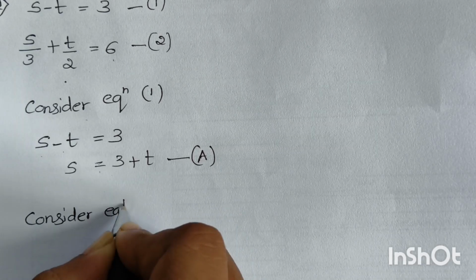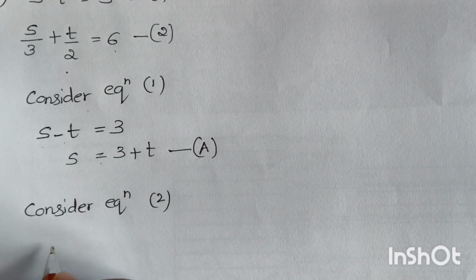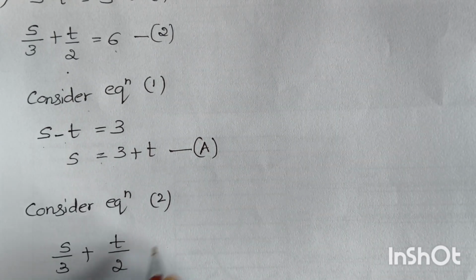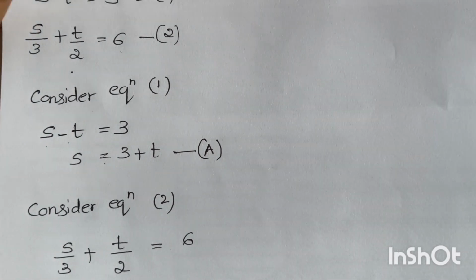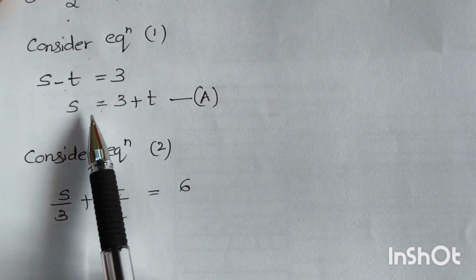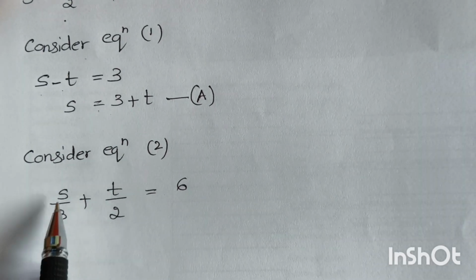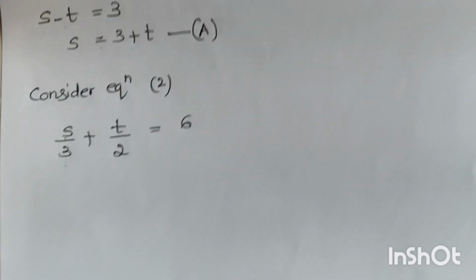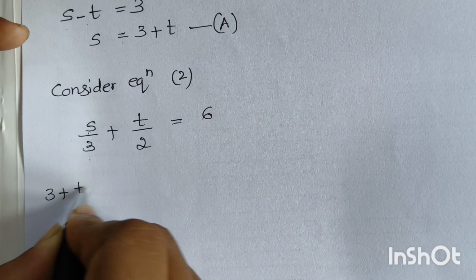Consider equation 2, that is s by 3 plus t by 2 is equal to 6. Now substitute the value of s, that is 3 plus t, in this. In the place of s, let me write 3 plus t.